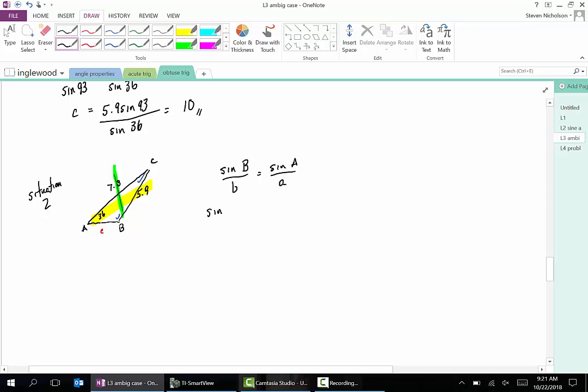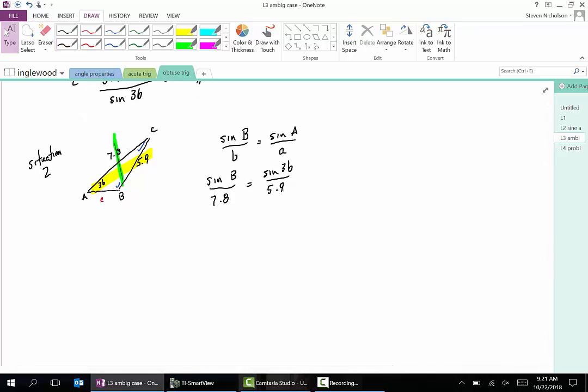So the sine of b over 7.8 is equal to the sine of 36 over 5.9. And we're going to solve that exactly the same way. And we're going to get sine b is equal to 0.777, and angle B is equal to 51 degrees. This is the only answer our calculator can give us.